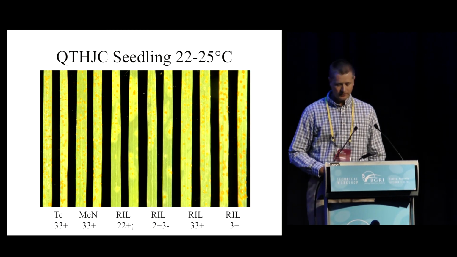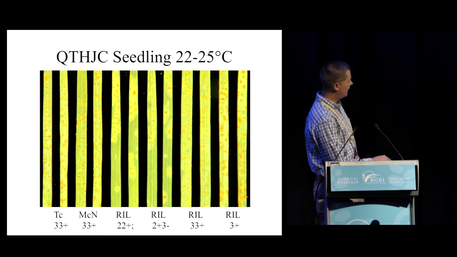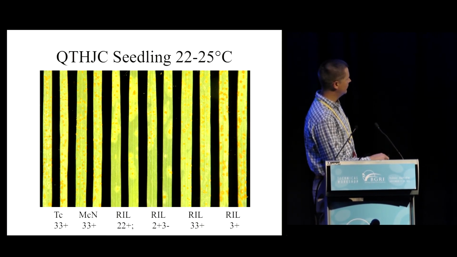This is an important slide because what it shows is the response of the parents, Thatcher and McNeil, to QTHJ, which is virulent to both of the parents. But you see in 4 of the RILs, the typical susceptible response that's very common in the population, but we did see some seedling infection types that were lower.